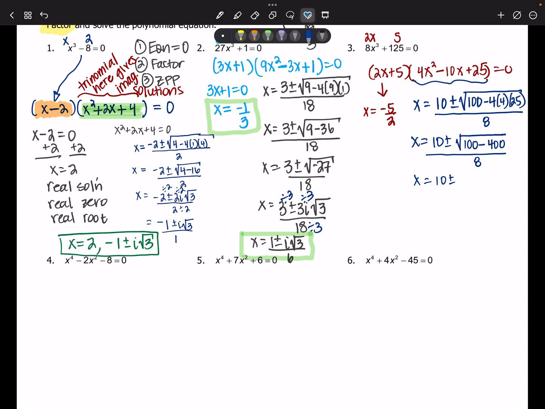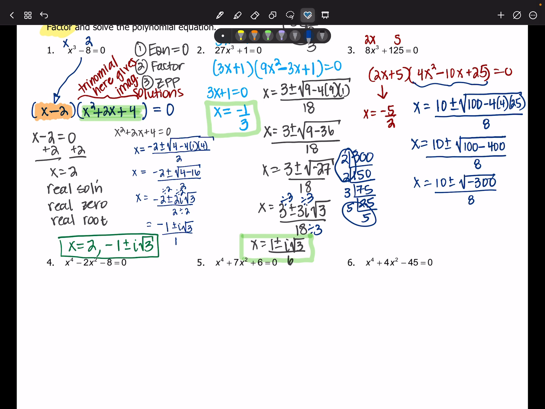That's going to be negative 300. And we can break this down off to the side. 2 goes into 300, 150 times. 2 goes into 150, 75. 3 goes into 75, 25 times. And then we've got a 5 and a 5. So a pair of 5s, a pair of 2s.